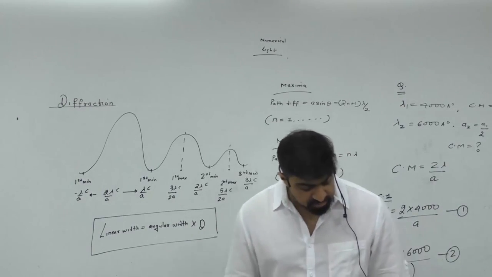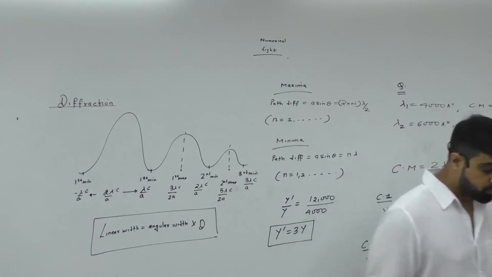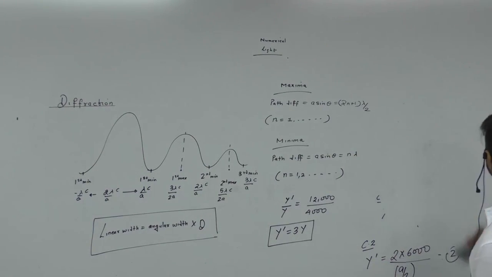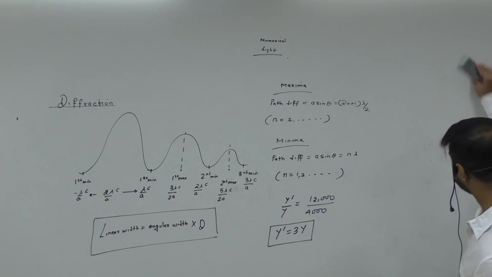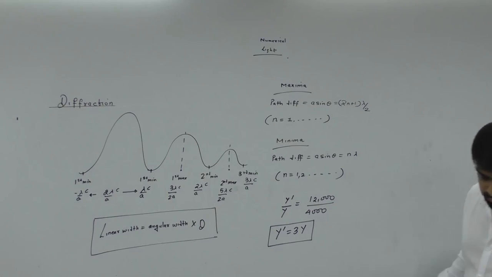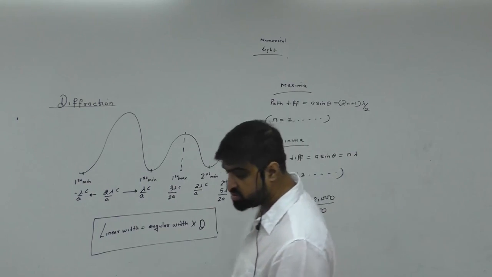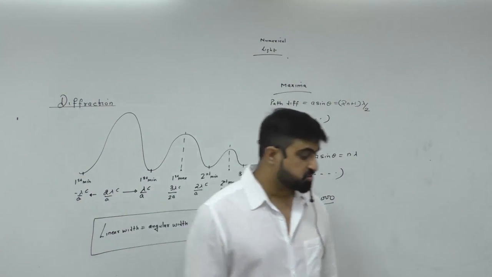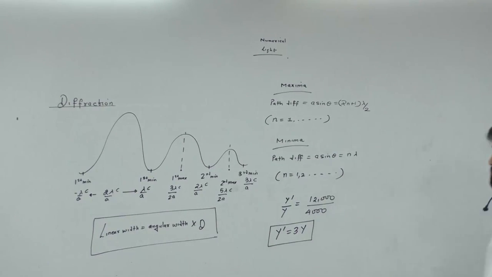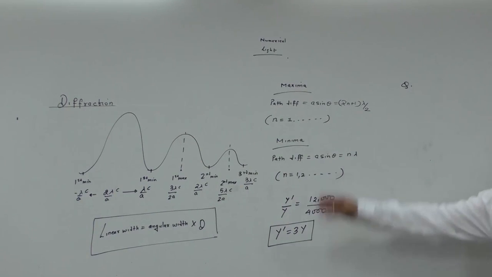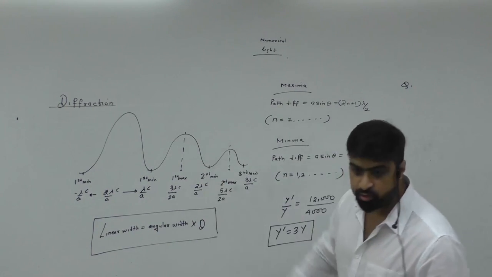What is the separation between the first maxima in both cases? Look at the diagram. What is the condition for the first maxima? Where is the first maxima? It is at 3 lambda by 2a.